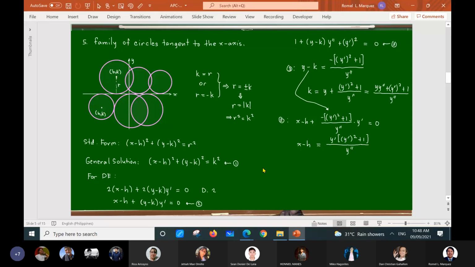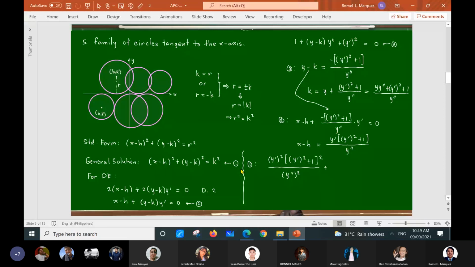From equation number 1. Okay, substitute now this x minus h, y minus k, and the k to this, no? What is x minus h? Ay naka-square. Square natin to. Y prime quantity squared, y prime squared plus 1 bracket squared all over y double prime squared. Plus y minus k. Ito yun, square din.